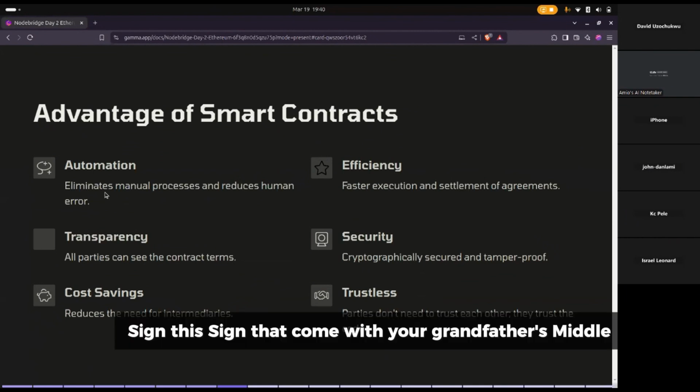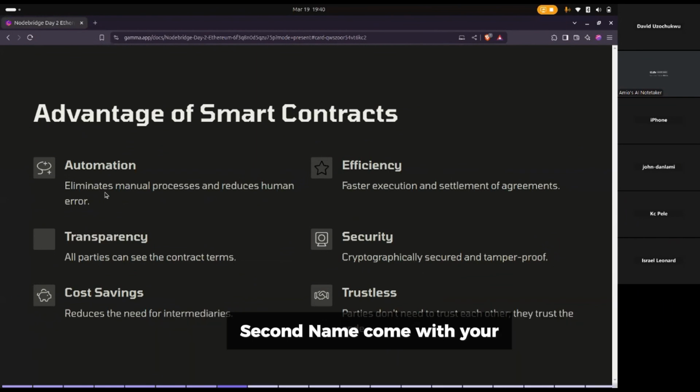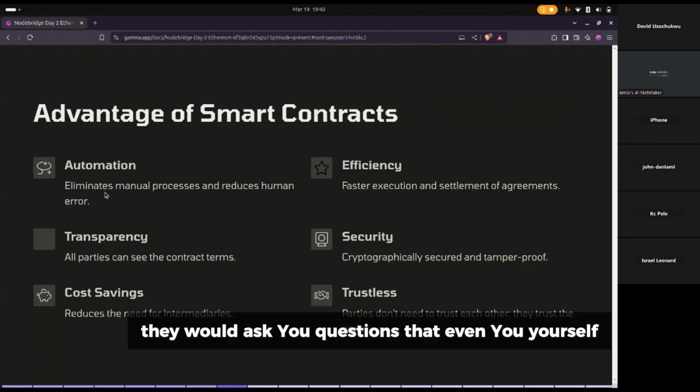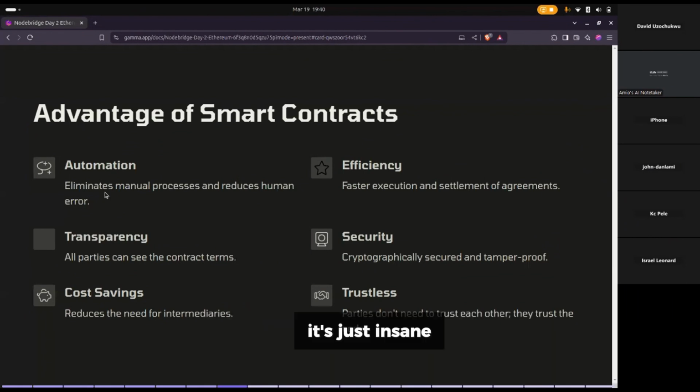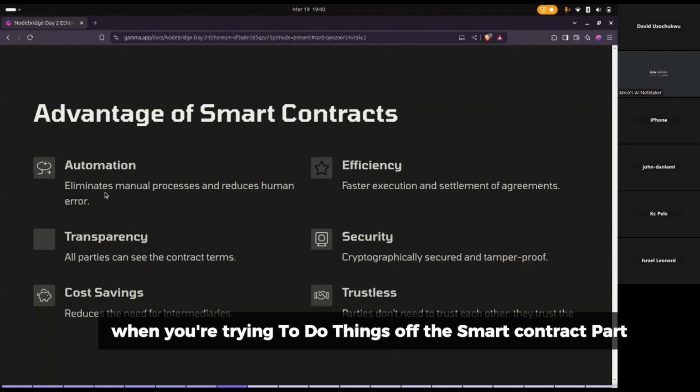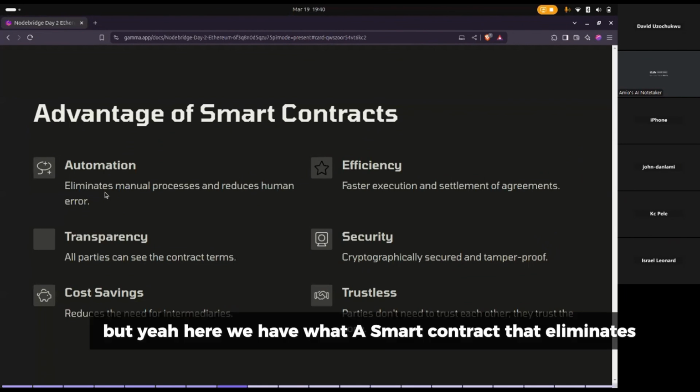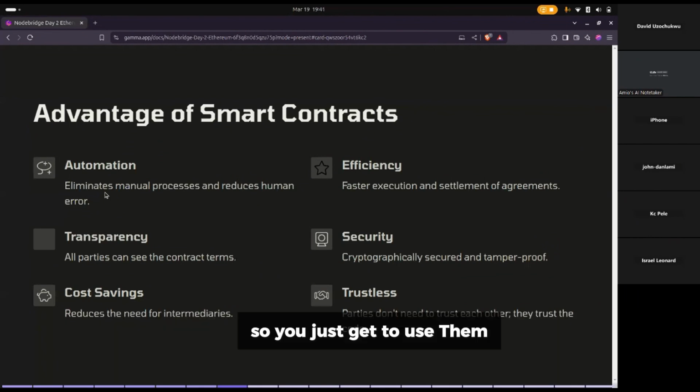Sign this, sign that, come with your grandfather's middle name, there's a lot of KYC. They would ask you questions that even you yourself don't know the answers to. It's just insane when you're trying to do things off the smart contract. But here we have a smart contract that eliminates all those processes. So you just get to use them directly.